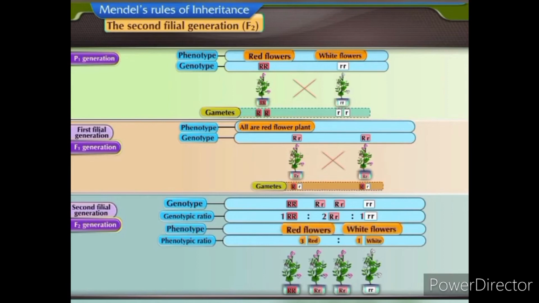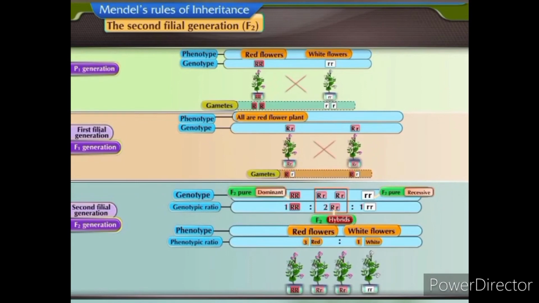Thus, phenotypically there are two types of progeny, namely red-flowered plants and white-flowered plants, while genotypically there are three types of progeny, namely F2 pure dominance with constitution capital R capital R and producing red flowers, F2 pure recessive with constitution small r small r and producing white flowers, F2 hybrids with constitution capital R small r and producing red flowers due to the dominant gene capital R. The F2 pure dominance and pure recessives are both homozygous, showing the presence of two same types of alleles in the zygote after fertilization.